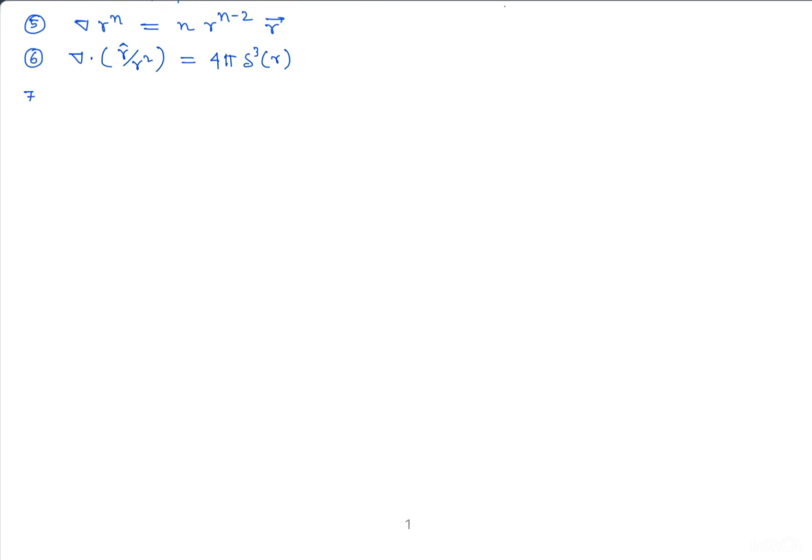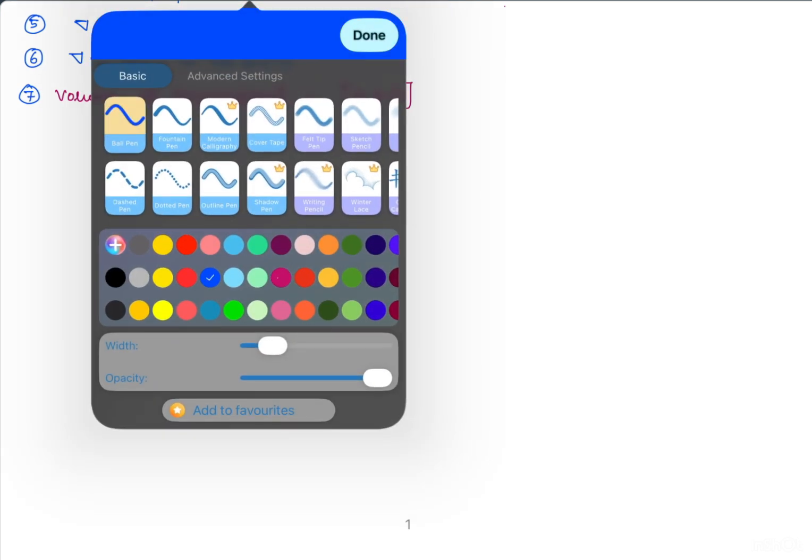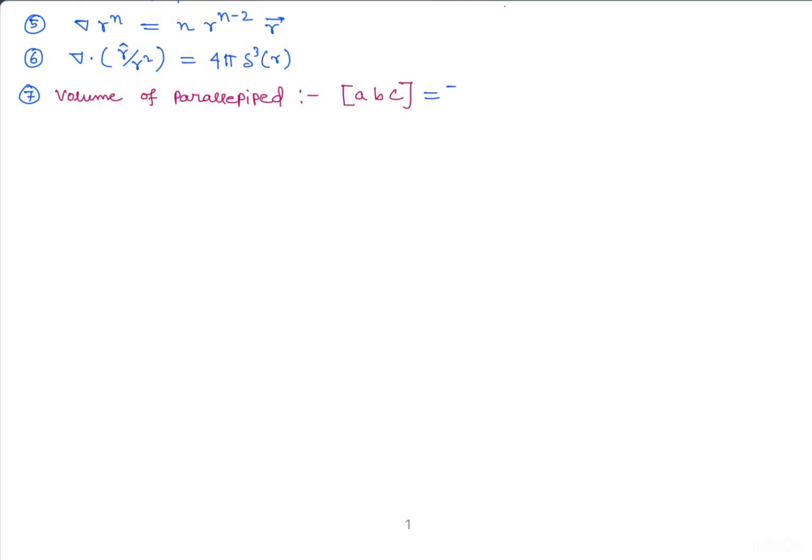Next, 7, volume of parallelepiped equal to a dot b cross c, or equal to b dot c cross a, equal to c dot a cross b.